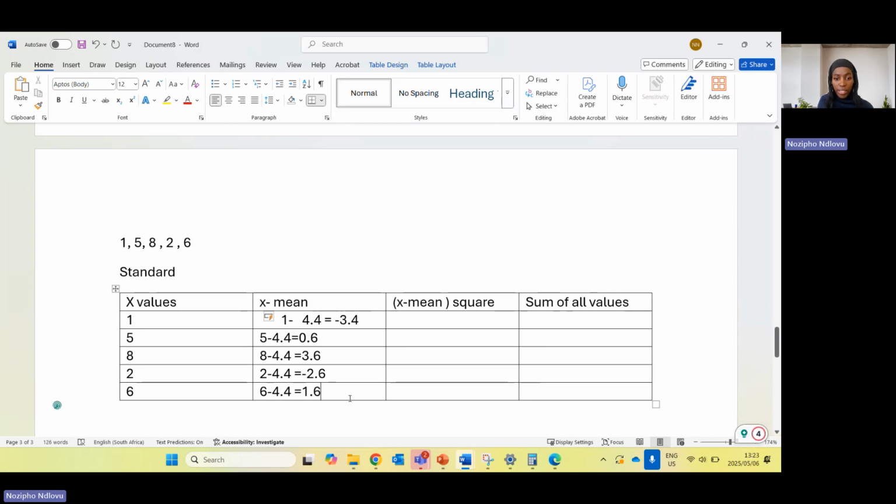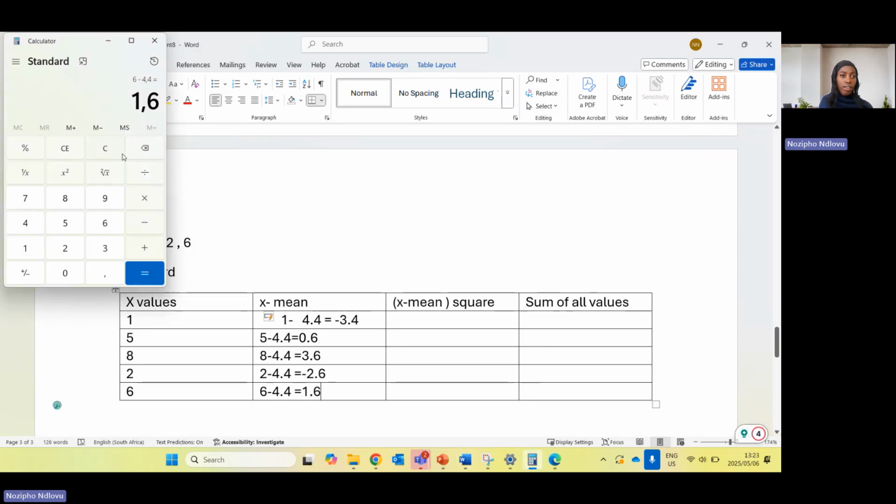So what do we do? You get the sum of everything here. I don't just want to use the formulas. Let's just make sure we understand. Negative 3.4, you add 0.6, then you add 3.6, plus a negative 2.6, then you add a 1.6.